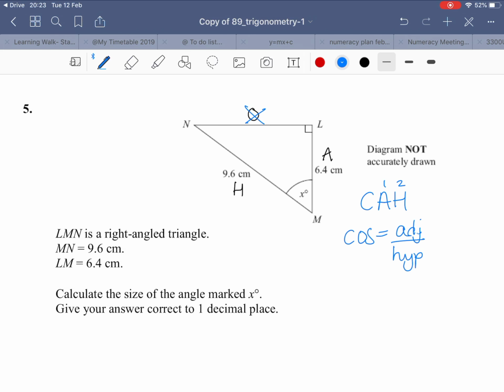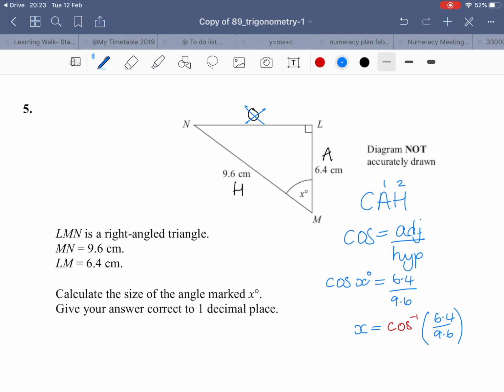Putting in my numbers, I'm going to have cos of angle x, equal to the adjacent number of 6.4 over the hypotenuse number of 9.6. What's stopping x from being on its own is the cos. The opposite of cos is cos to the minus 1. Then I'll put that fraction into my calculator because that's calculator ready.